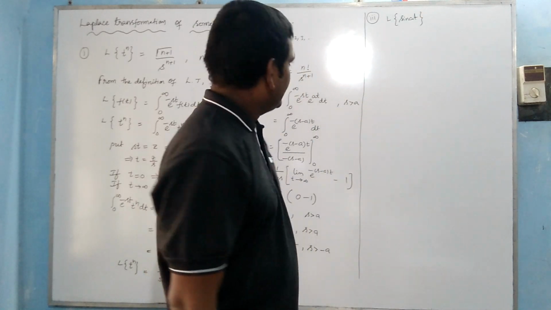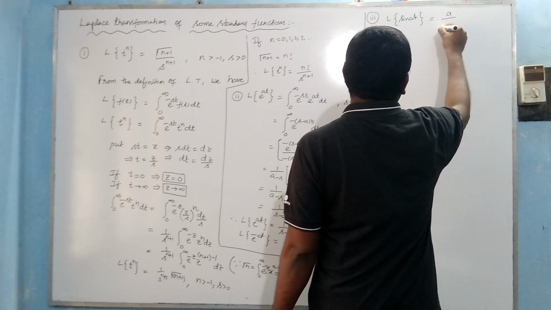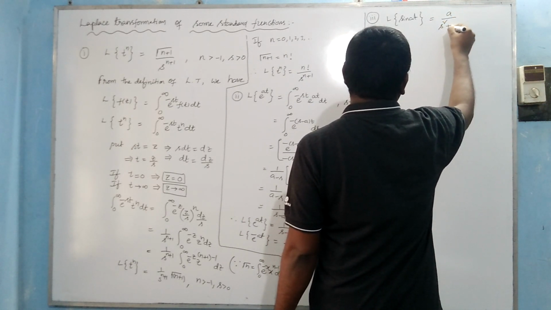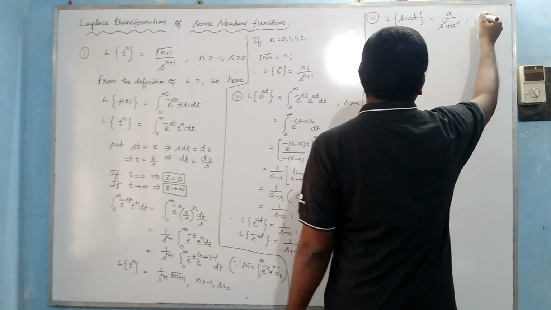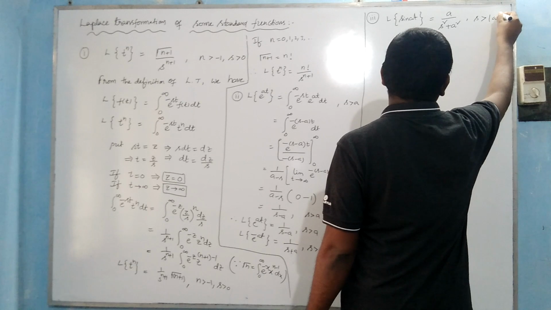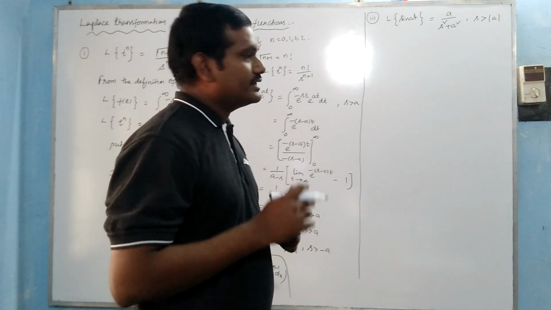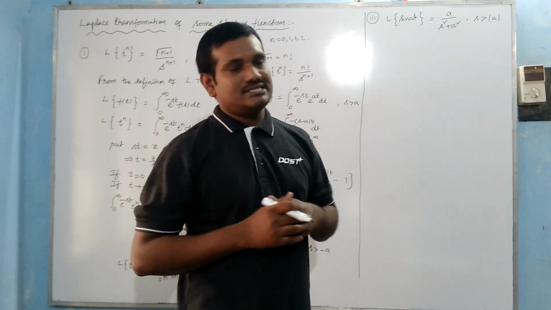Laplace transform of sin at is equal to a by s square plus a square, where s is greater than modulus of a. This condition is s is greater than mod a. So that is s is greater than minus a and s is greater than plus a.